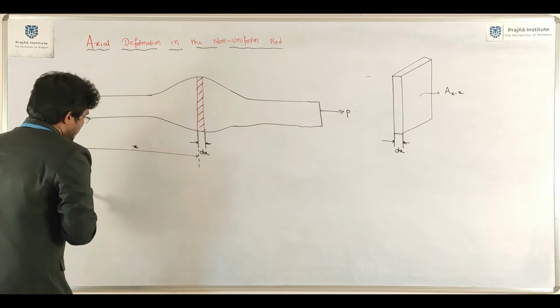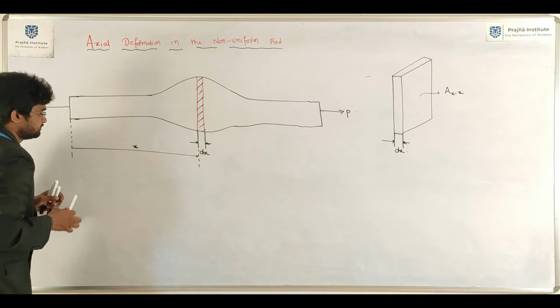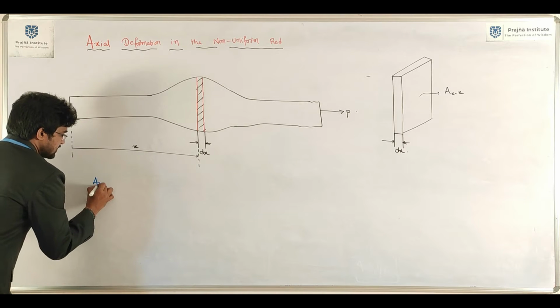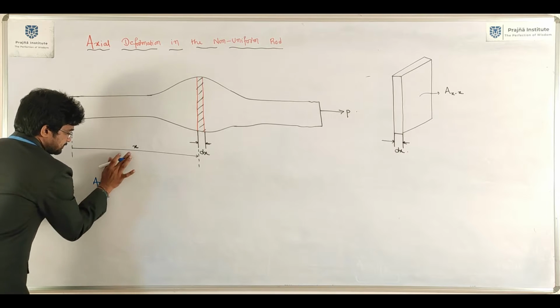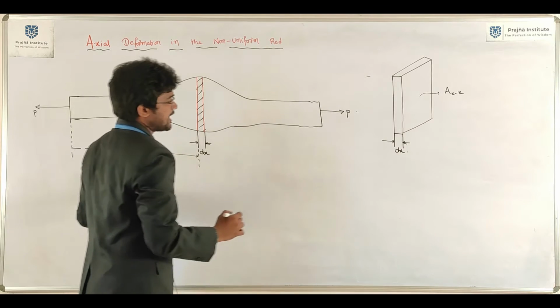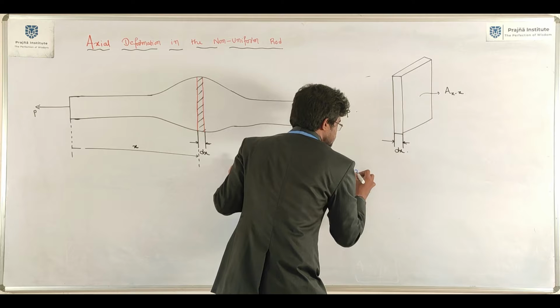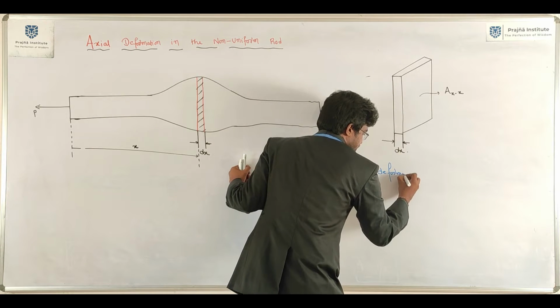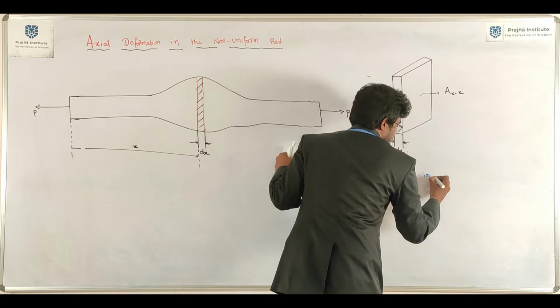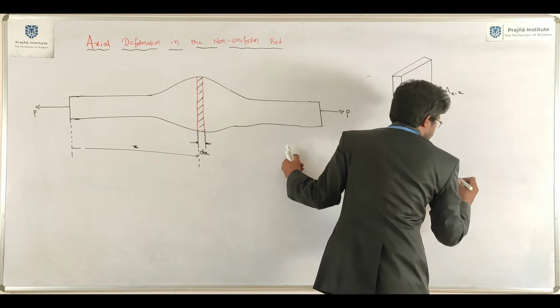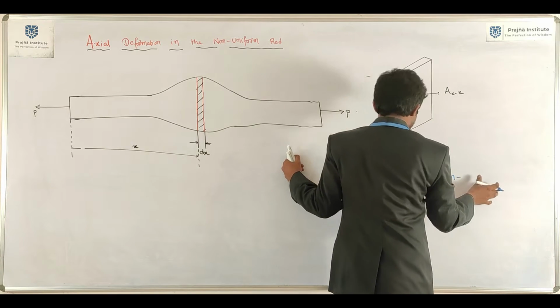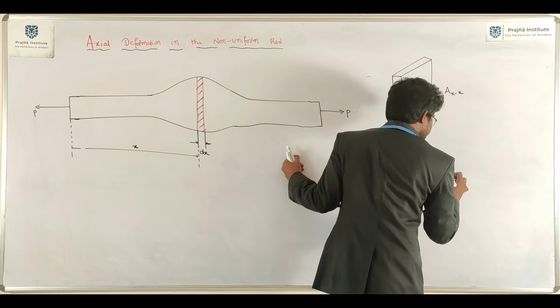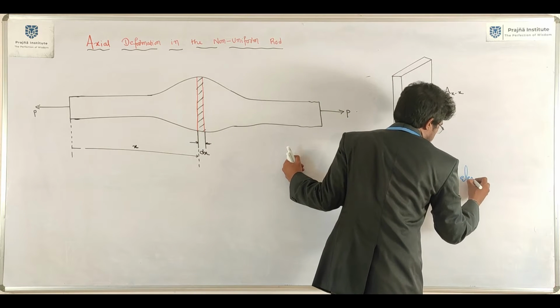First, write down axial deformation in the non-uniform rod. Axial deformation in the element you can take.